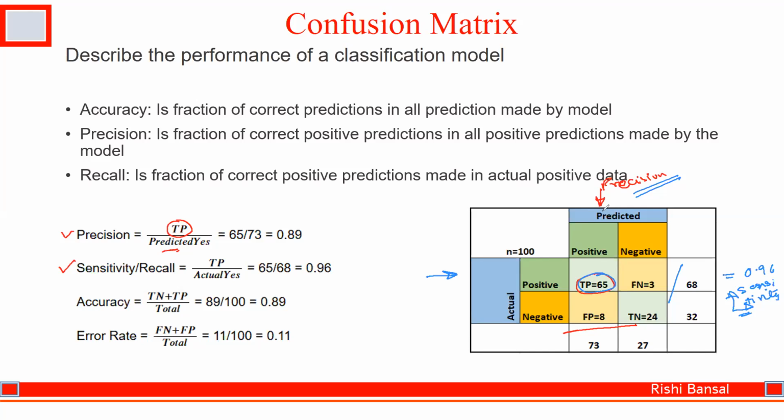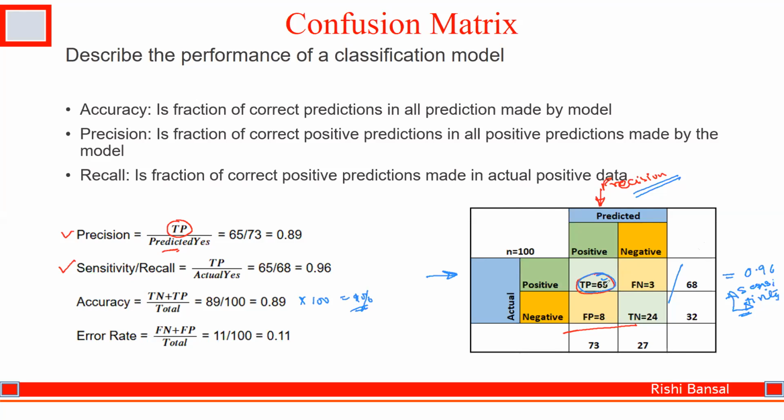No, that is different. You are saying accuracy is 65 divided by 100. Into 100 is fine. Everywhere, if you multiply by 100, the result will be in percentage.